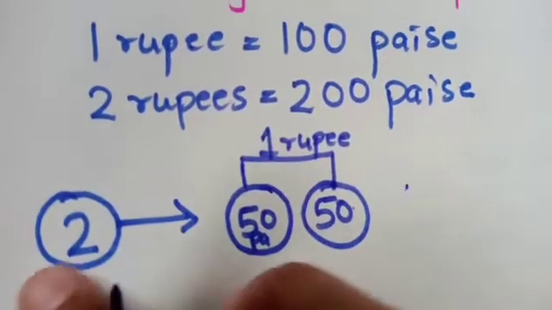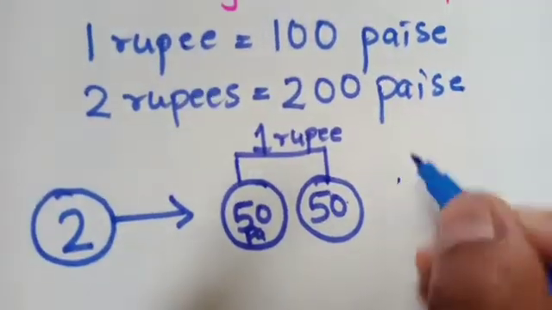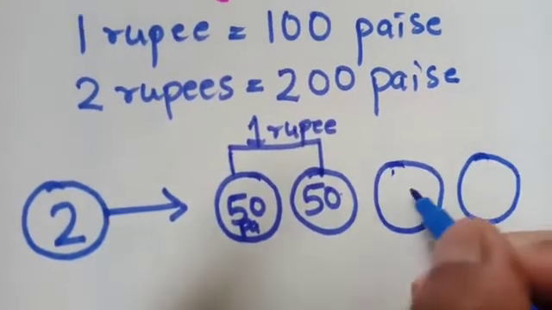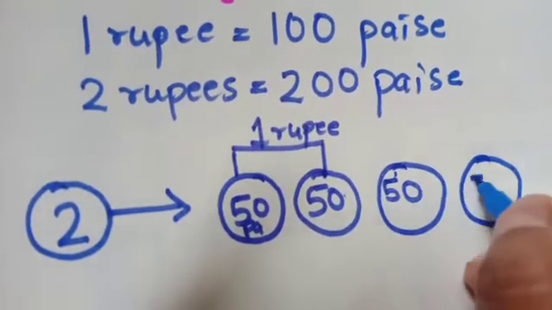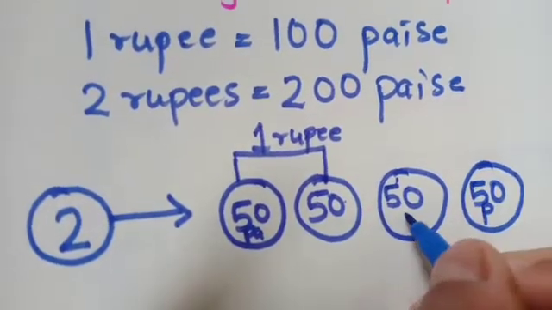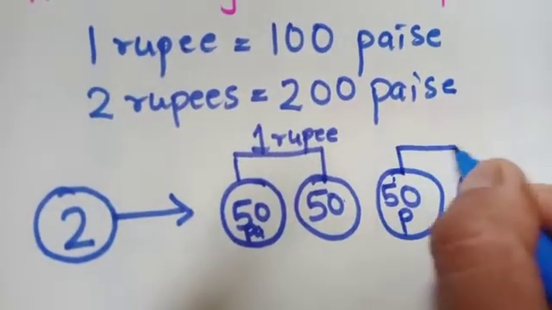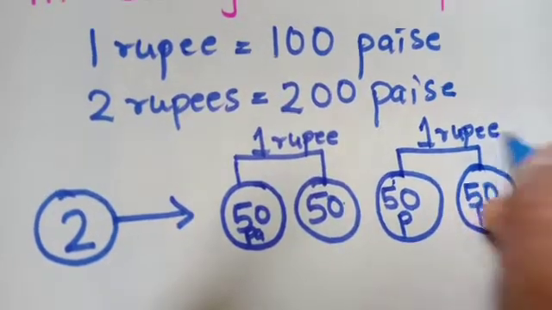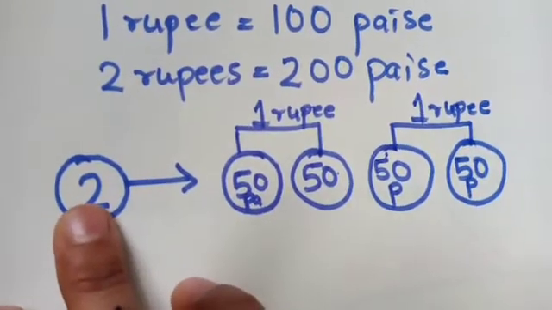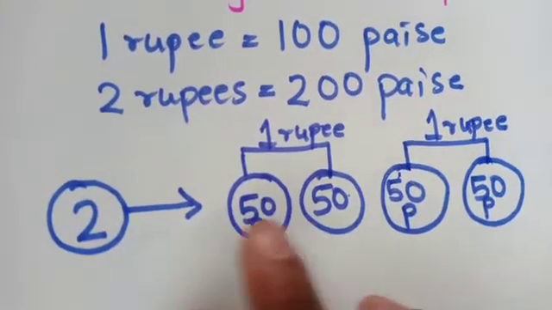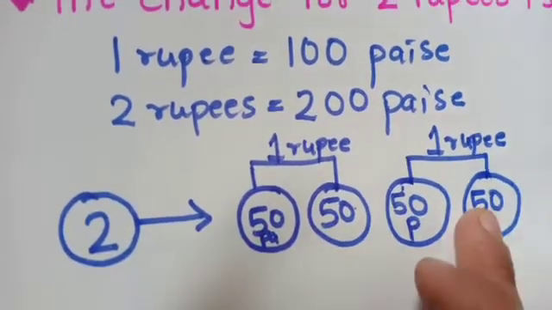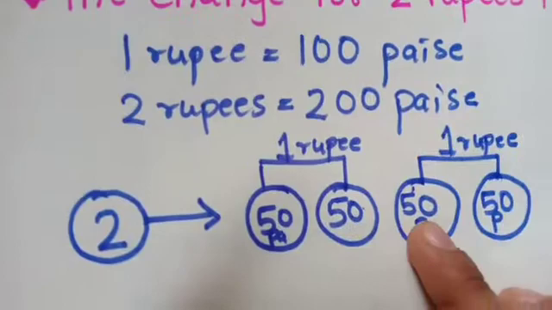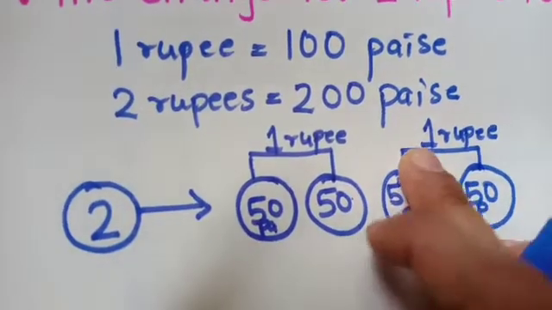Now again we have to give for 2 rupees. Now again 2 more coins of 50 paise. This is 50 paise coin, and this both again will be how much? 1 rupee. For 2 rupees, how many coins of 50 we are giving? 1, 2, 3, 4. 50 paise plus 50 paise is 1 rupee.